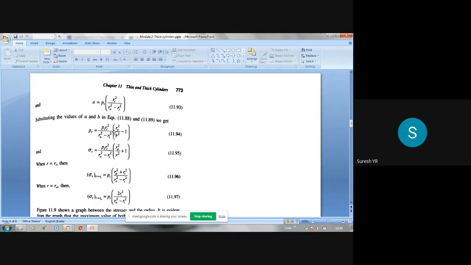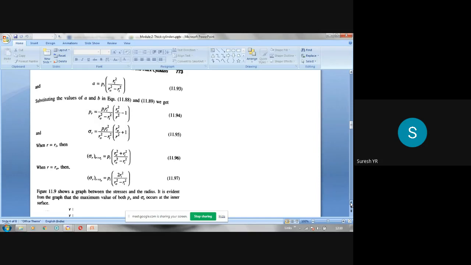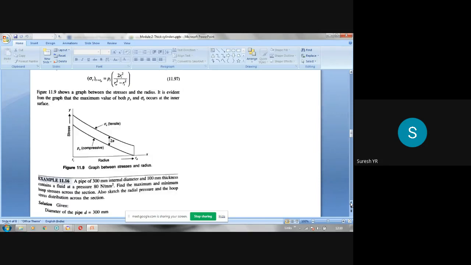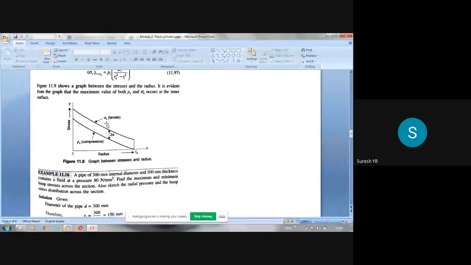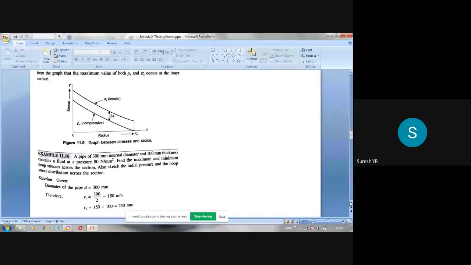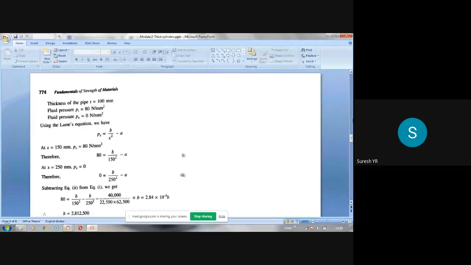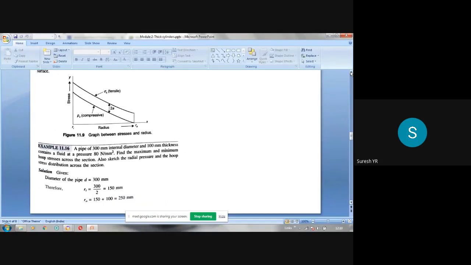Just by knowing the value of R, you can find PR and sigma R, and later on you can sketch the diagram. The difference between sigma x and Px is always 2a, and the variation is a parabolic variation. Now we can have some problems in which they will ask you to sketch the stress distribution, radial pressure as well as hoop stress.